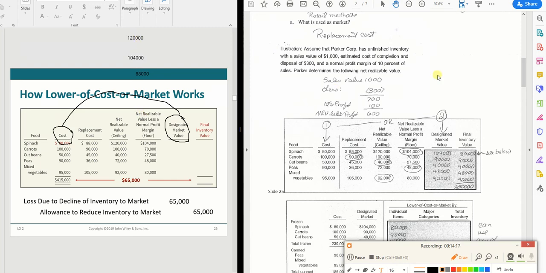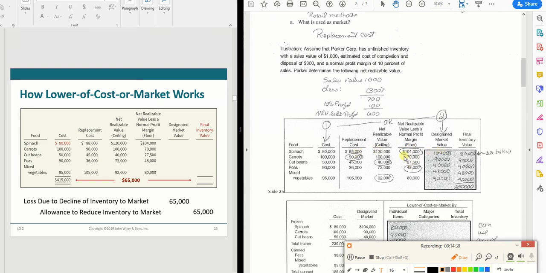But to implement this, I technically just circle the one in the middle. So 88, 120, 104, 104 is in the middle. So 104 is my market. Okay, so it's replacement cost with a ceiling and a floor, so I'm limited to that.